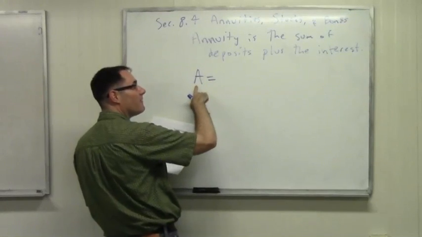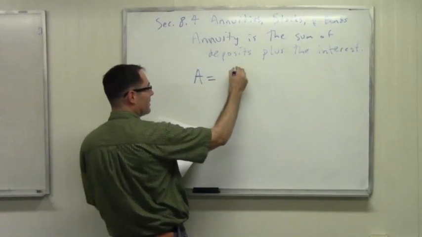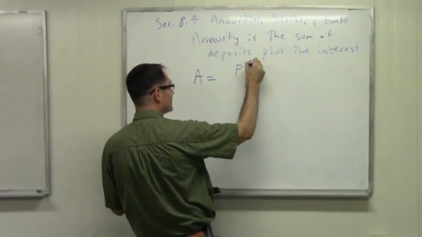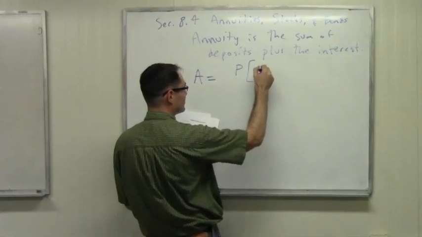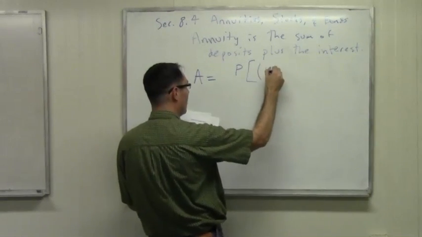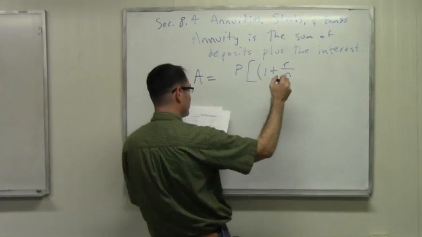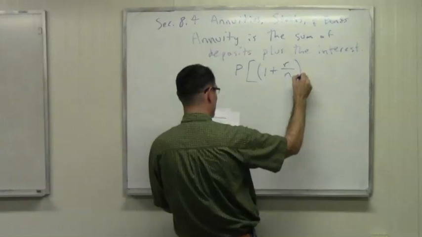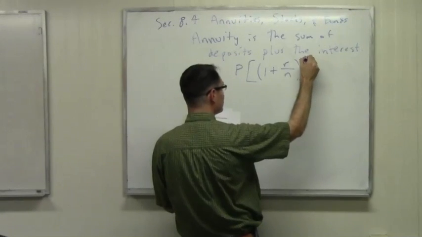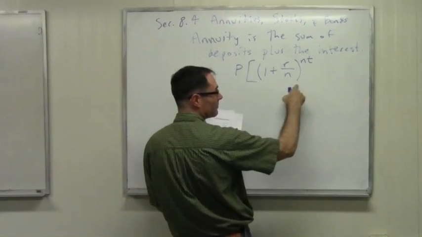The future value is the payment amount times, and you have to use brackets for this one because there's lots of stuff going on here, 1 plus the rate divided by the number of payments per year, raised to the number of payments per year times the time. We've seen that before.